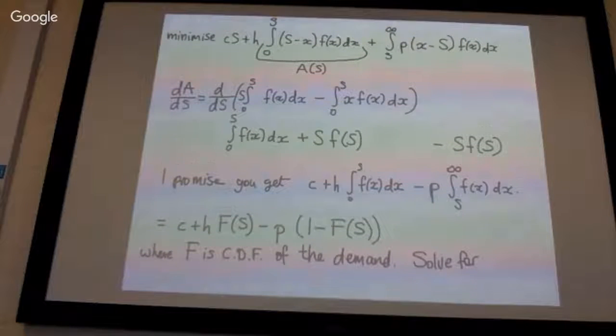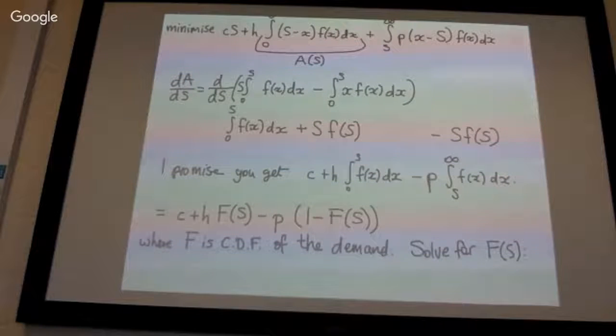So we get this, and now what we want is to get s out of it, but there is no s. So we need to find F of s first, and then from that we'll be able to get s. So what we get is that P plus H times F of s plus C minus P equals 0.